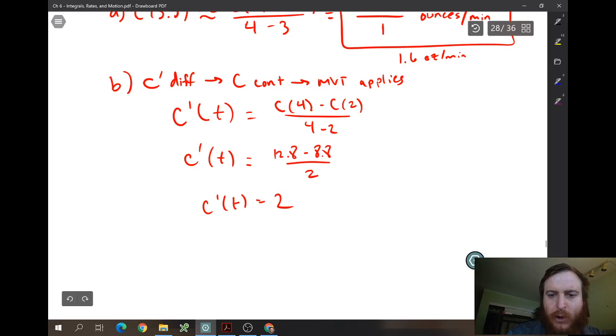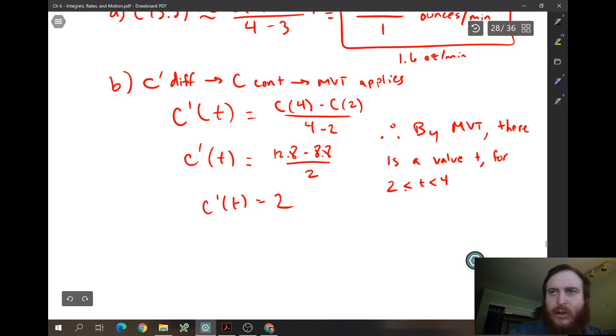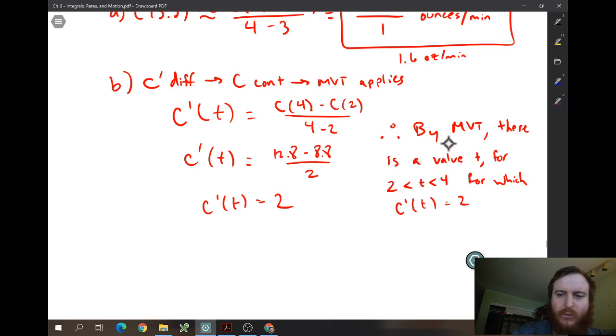So we can say, therefore, by MVT, there is a value t for 2 less than t less than 4, I'm just copying exactly what the question said, for which C prime of t is equal to 2. Okay, it's important to write that sentence, but also do the work.